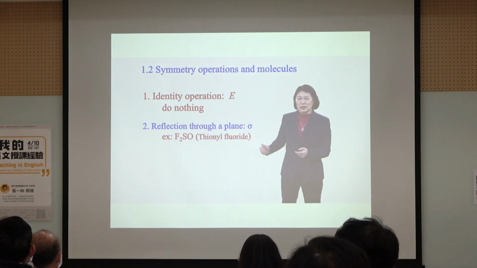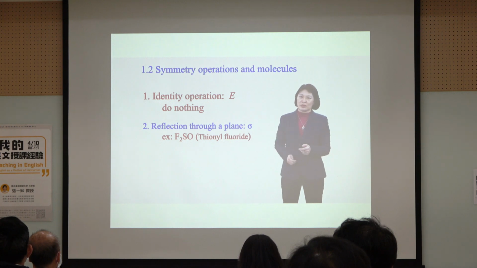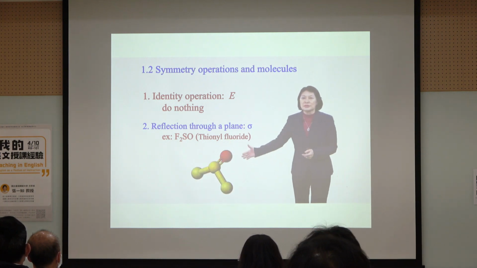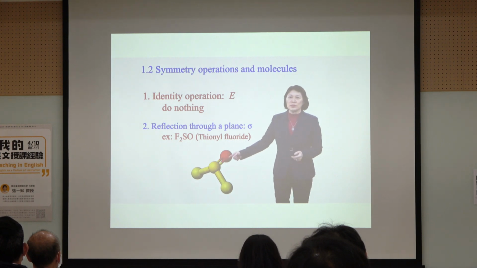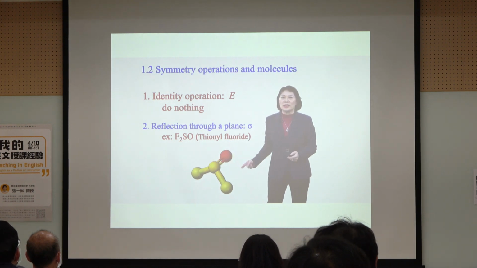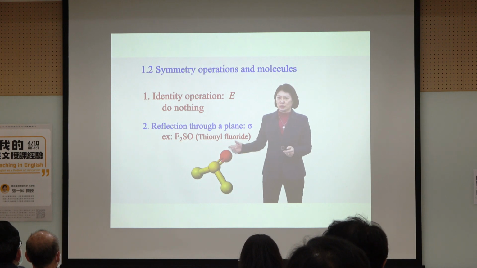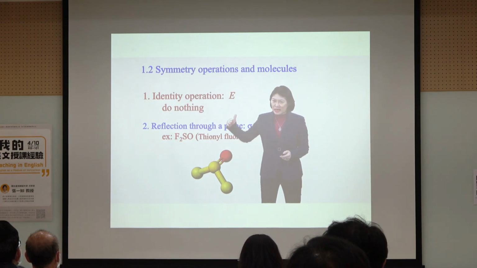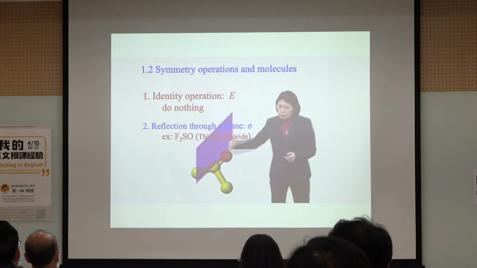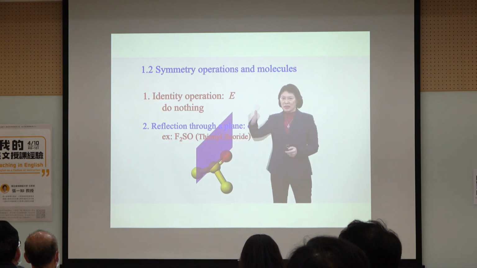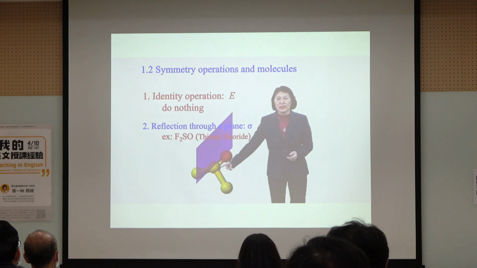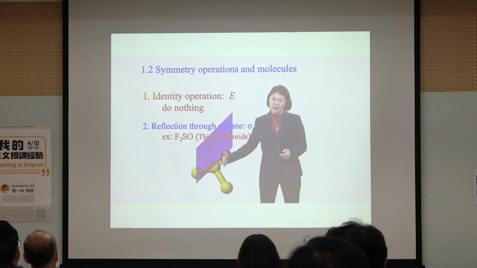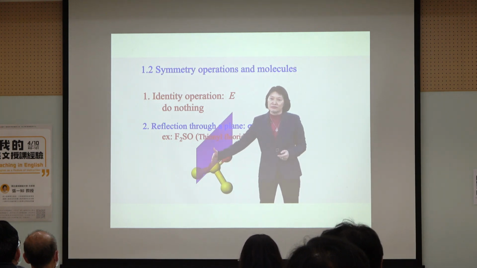So let's use the molecule thionyl fluoride as an example. This is the compound structure, and in the middle is the sulfur, oxygen, and 2 fluorides. If I have a mirror plane going through the sulfur-oxygen bond and going down, and I do the reflection, the right side of the sulfur reflects to the left side of the sulfur.